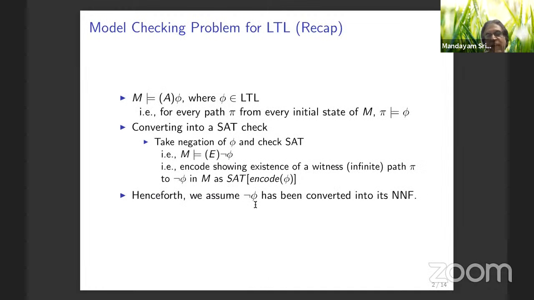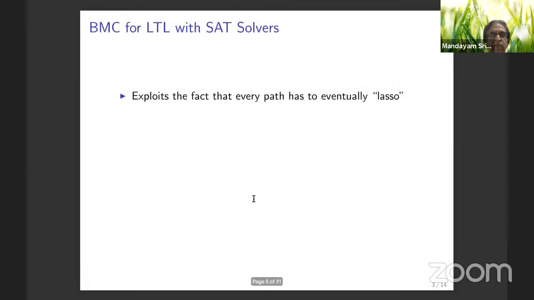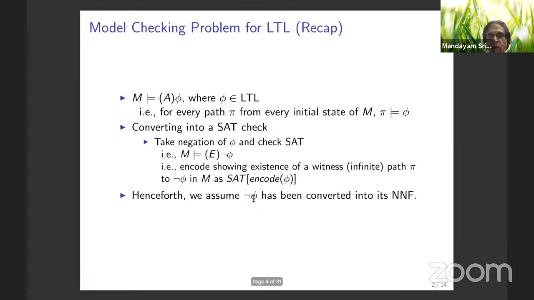We'll assume that not phi has been converted into its negation normal form by pushing the negation all the way down to the atomic level. So essentially what we're trying to solve is encoding an LTL formula for checking the existence of a path that satisfies it.